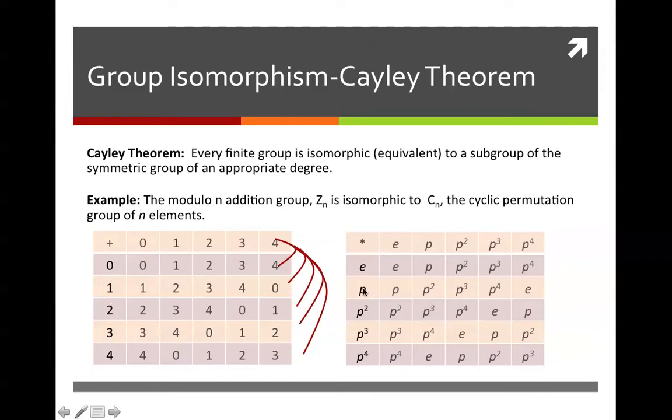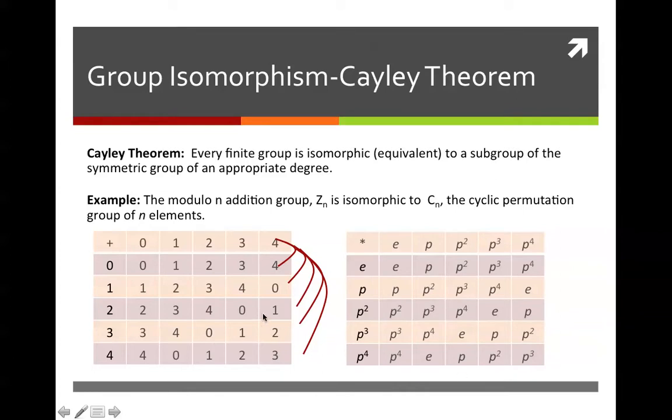And if you multiply P and P squared, you get P cubed. Like here, P times P squared is P cubed. And here, 1 plus 2 is equal to 3. So the structure on the left is really preserved by the structure on the right.